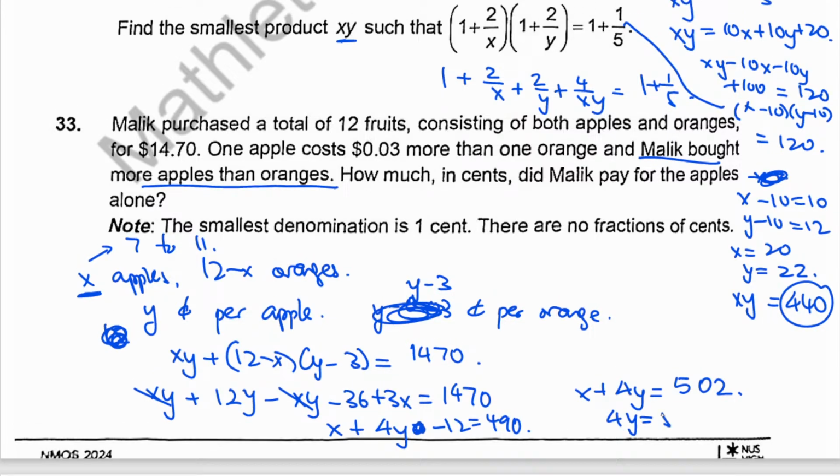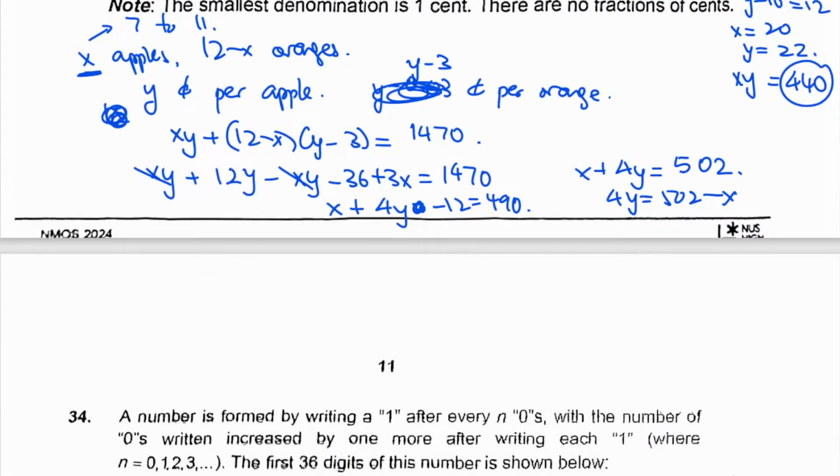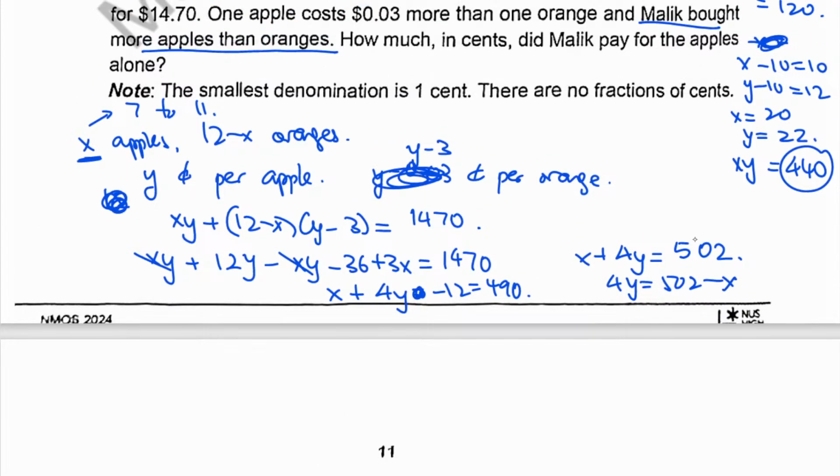Okay, and 4y is equal to 502 minus x. So you need this to be a multiple of 4. Because 502 has a remainder of 2 when you divide it by 4, we need x to be equal to 10.